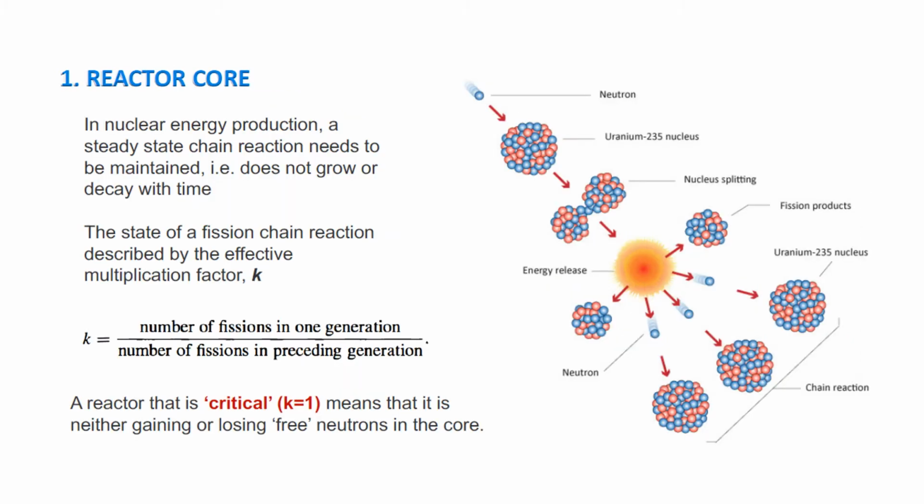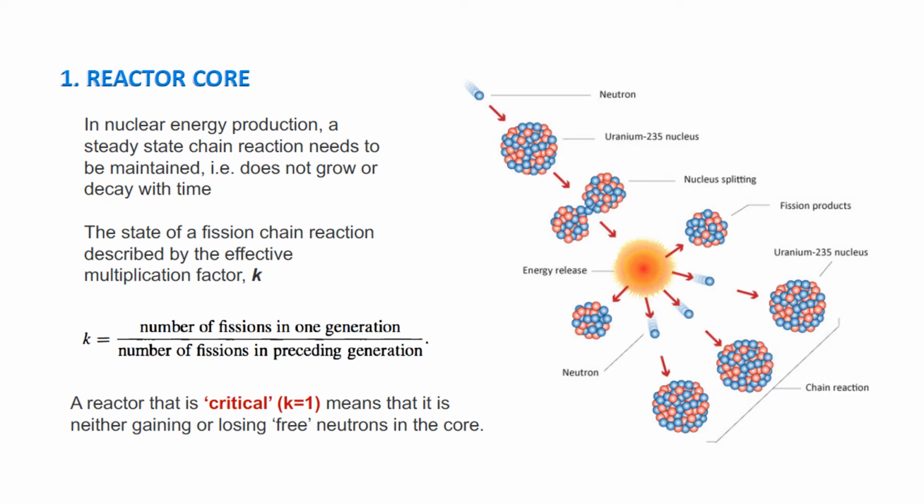The first major component is your reactor core. In nuclear energy production, a steady-state chain reaction needs to be maintained. That is, it does not grow or decay with time. So a chain reaction such as this one should be maintained, and it's usually done inside a reactor core.